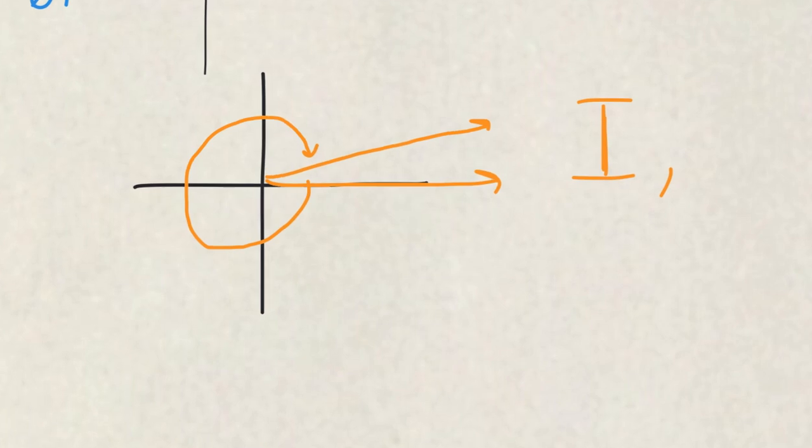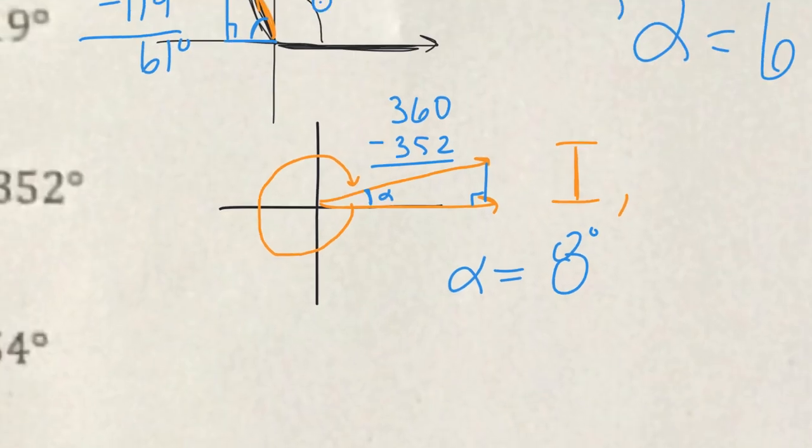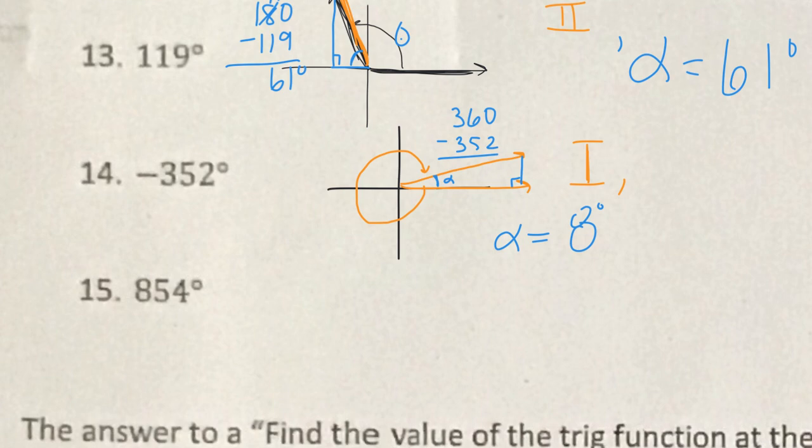And the reference angle, when we drop our triangle right here, is your reference angle. 360 minus 352 is an 8-degree reference angle. So we could have reference angles in degrees if we're given degrees, or in radians if we're given radians.